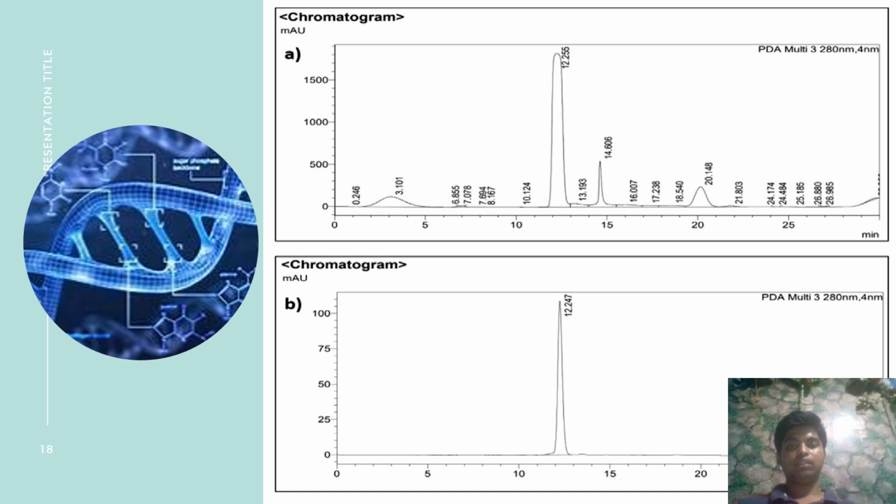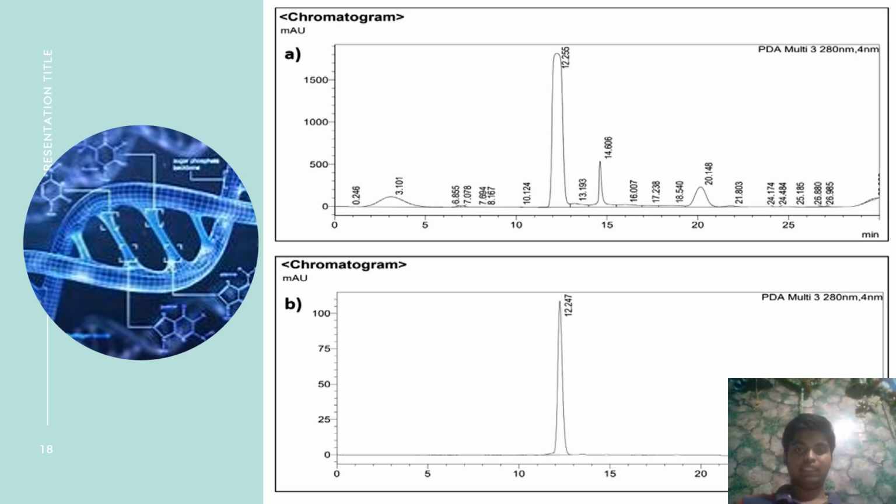At 0.246, as you can see, there is a very small peak, and at 3.10 minutes, there is a small peak indicating the presence of substance. However, there is a more significant peak at 12.255 minutes, indicating a large amount of that particular substance.